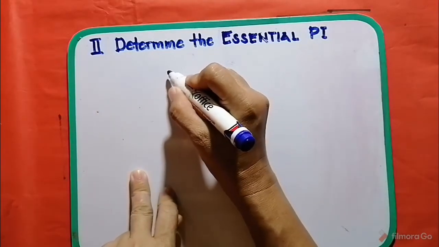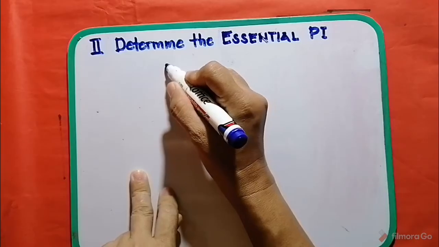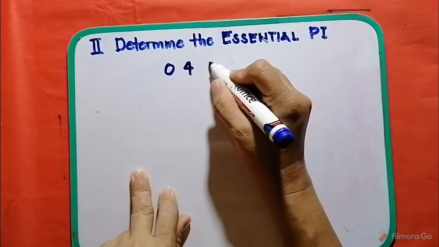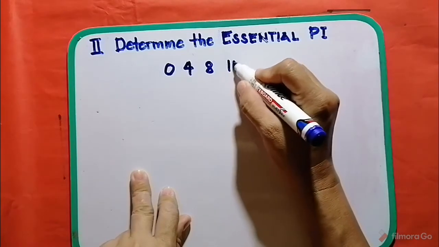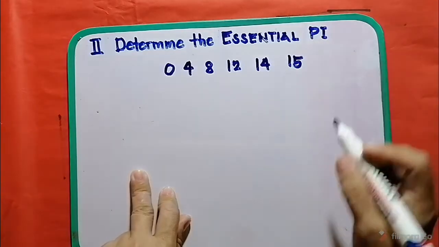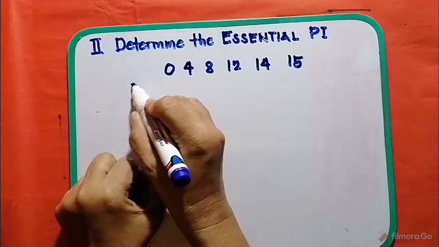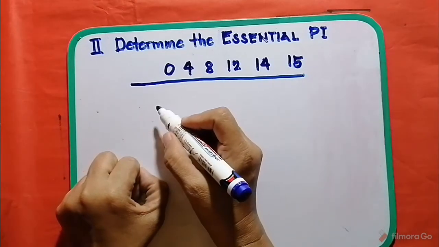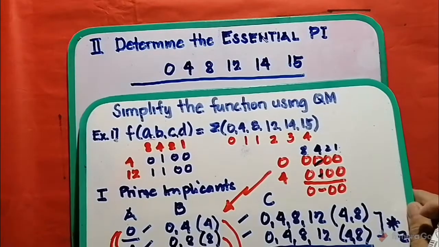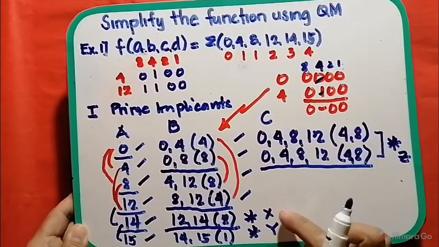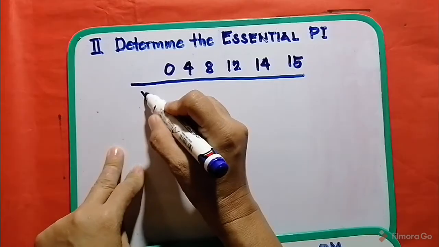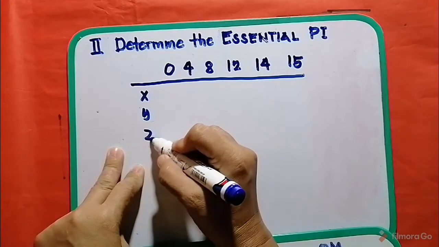On the first row, we write the prime implicants which are 0, 4, 8, 12, 14, and 15. So that will be the first row. On the second row, we're going to place the prime implicants which are your X, Y, and Z. So I'm going to place here X, Y, and Z.